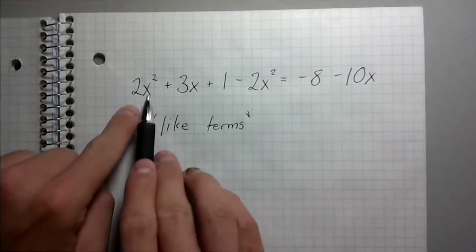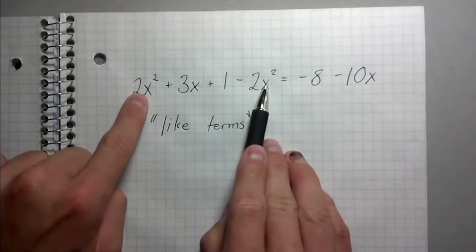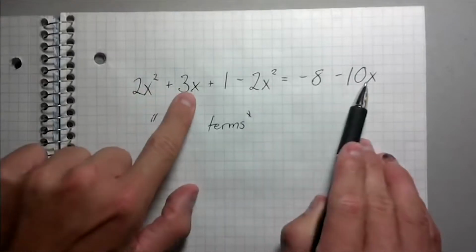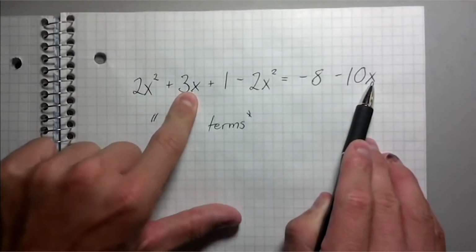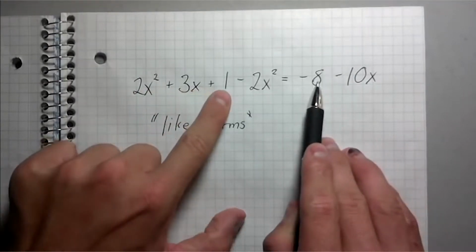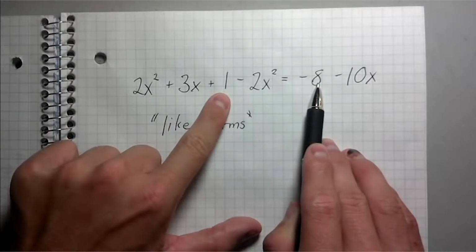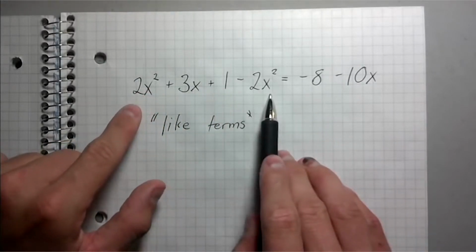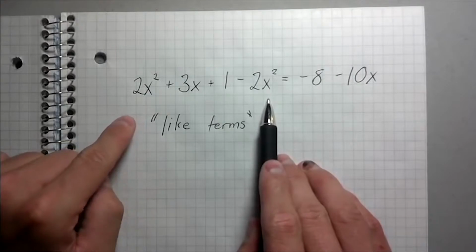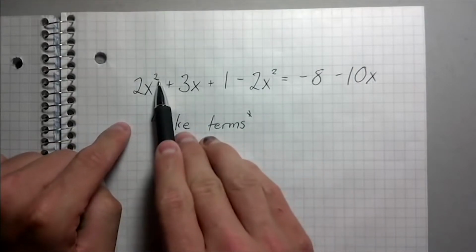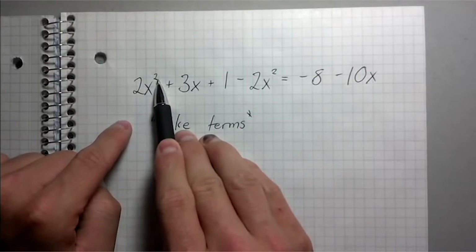Well, we have x squareds. This is a type of term. We have x's. This is a type of term. And we have just plain numbers. This is a type of term. The point is that what kind of term something is, is defined by the power of x, or whether it even has an x.